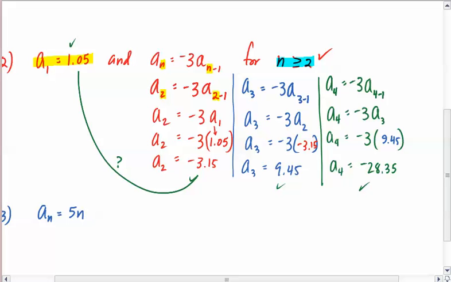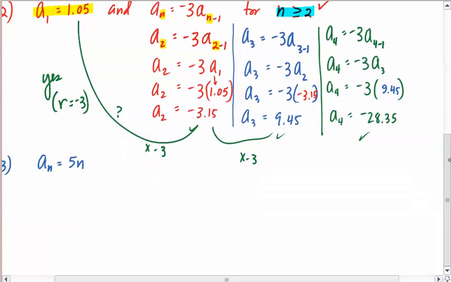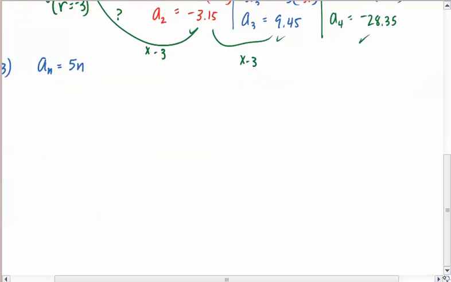What we see is that it's multiplying by negative 3, and from this one to this one, of course, it's times negative 3. So we can see very clearly that we are going to say yes, and that's because the common ratio is negative 3. All right, so that is a geometric sequence. Even though it's recursive, it's geometric. Okay, let's take a look at this next one.